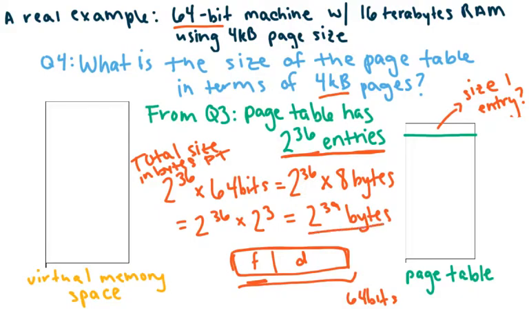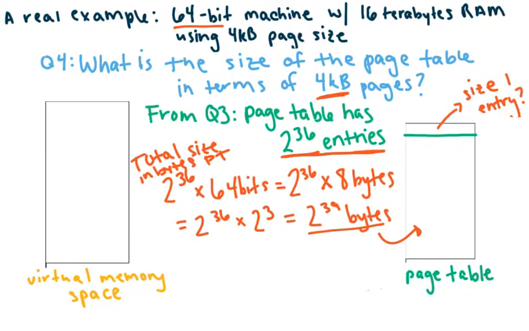So this is how big the page table is, okay? But now I want it in terms of 4 kilobyte pages. So straightforward here, we have our size divided by 2 to the 12th, that's our 4 kilobytes, and this is going to equal 2 to the 27.